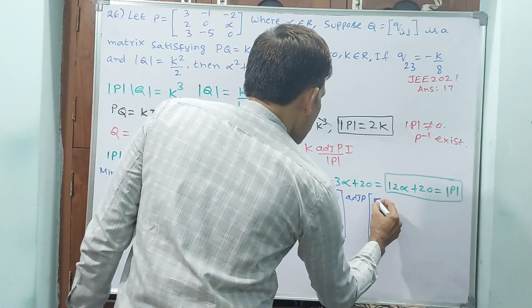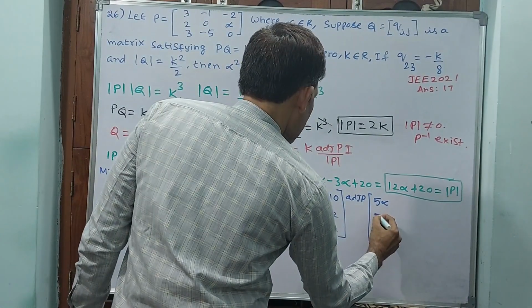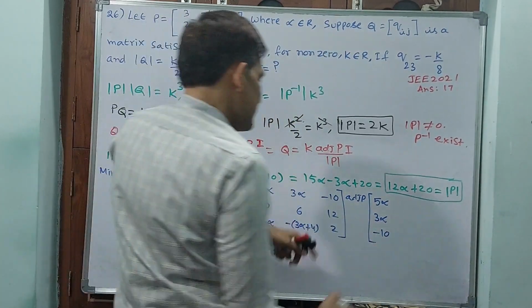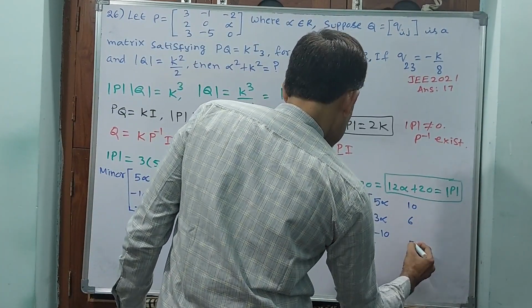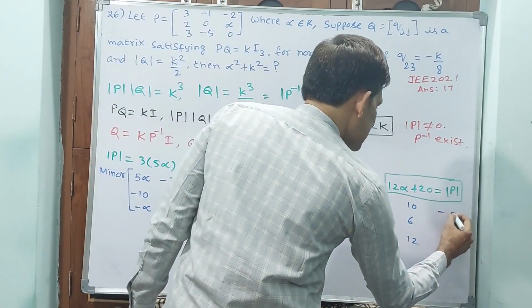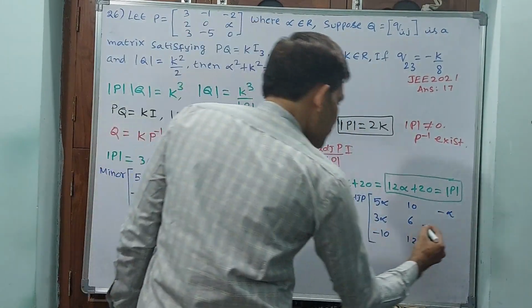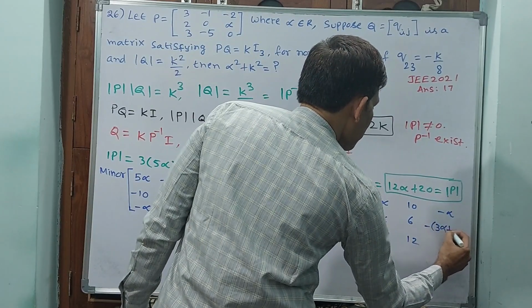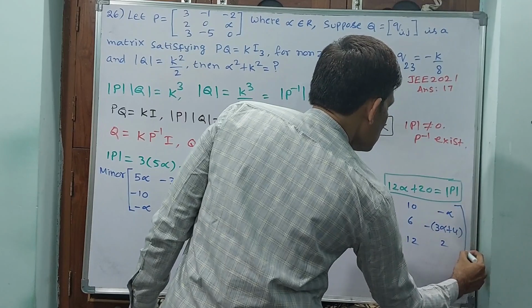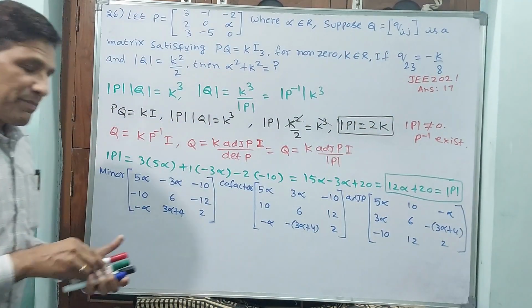That means 5 alpha, 3 alpha, minus 10, 10, 6, 12, 10, 6, 12, minus alpha, minus of 3 alpha plus 4, 2. Okay, now adjoint P has come.